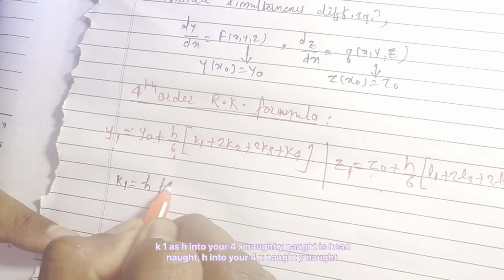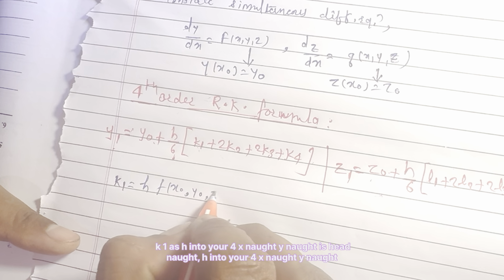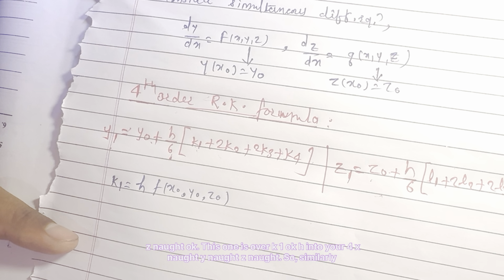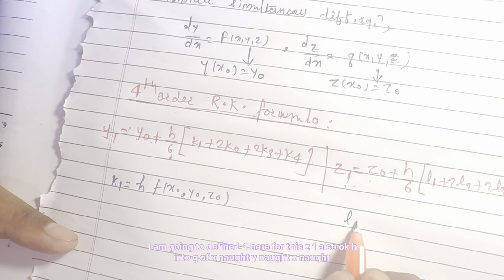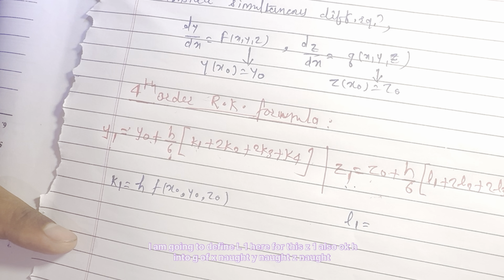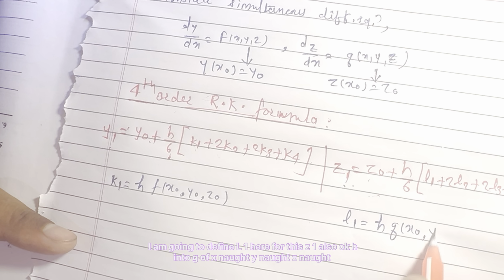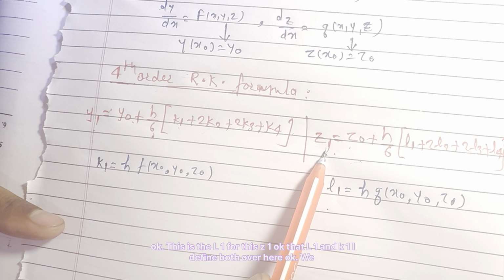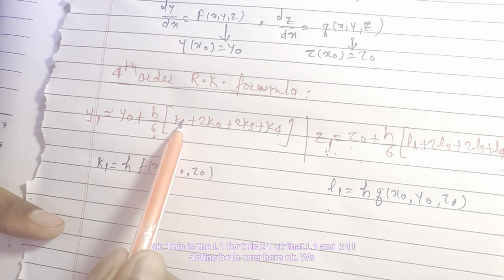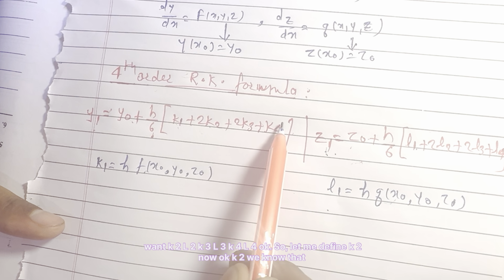This is our k1. Similarly I define l1 for this z1 also: h into g of x naught, y naught, z naught. This is l1 for z1. I have defined both k1 and l1 here. We want k2, l2, k3, l3, k4, l4.